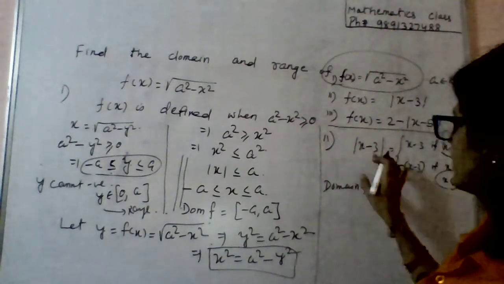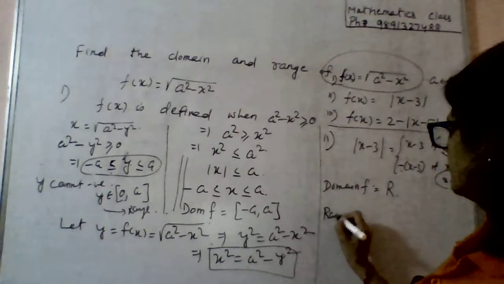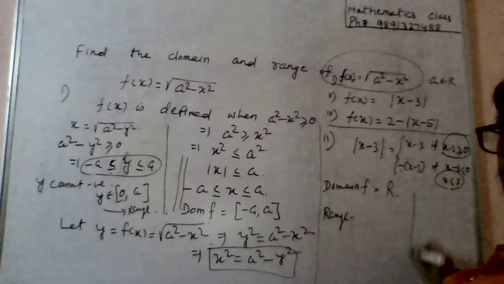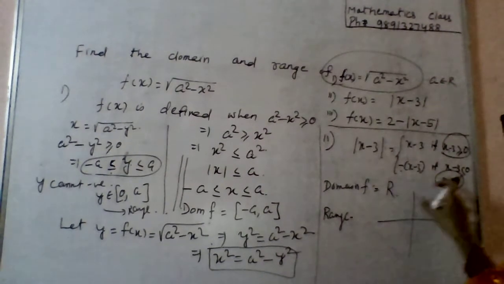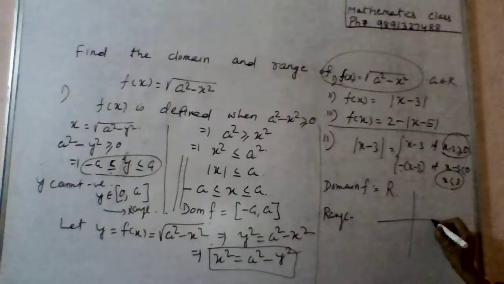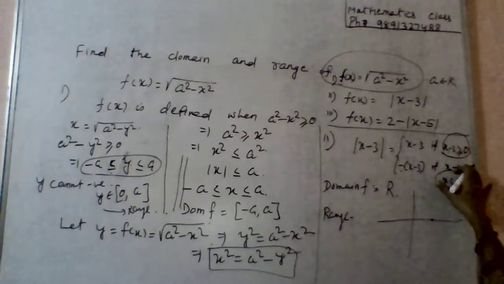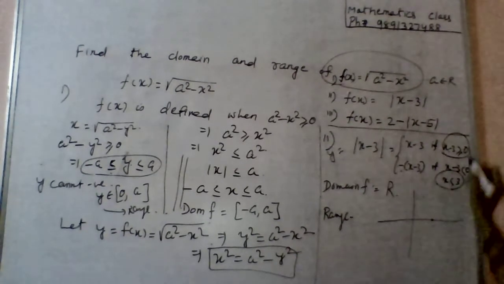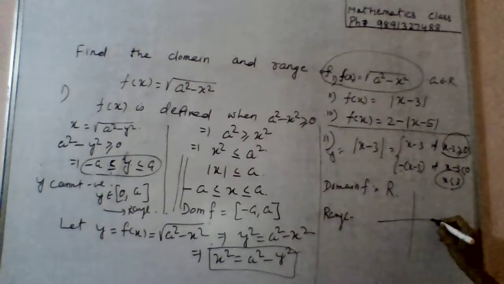And whenever you come to the range of the function, if I try to draw the graph of the function, you see, at x equal to 3 you are getting y equal to 0, right? If you write y equal to f of x equal to this, at x equal to 3, y is 0.